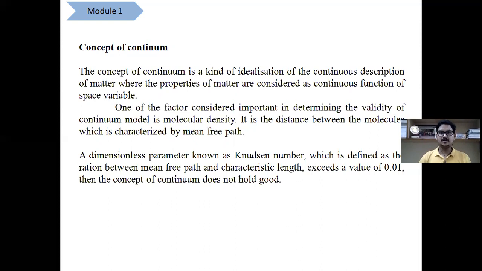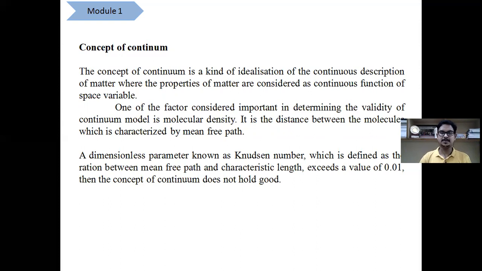One of the factors considered important in determining the validity of the continuum model is molecular density. This molecular density is defined by the distance between the molecules, which is characterized by the mean free path. It is denoted by lambda.